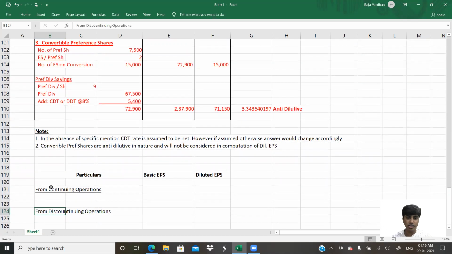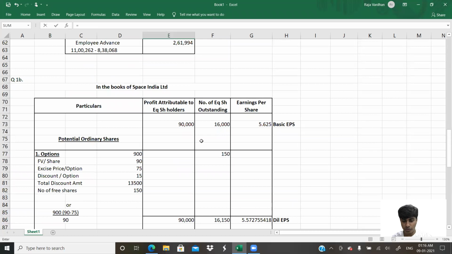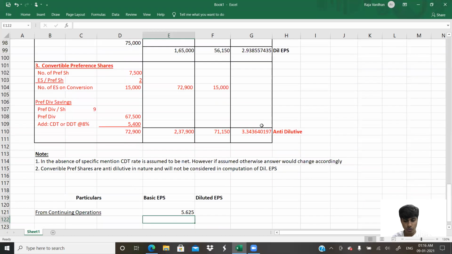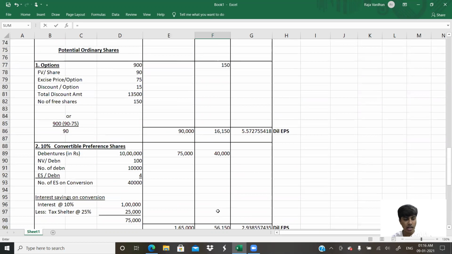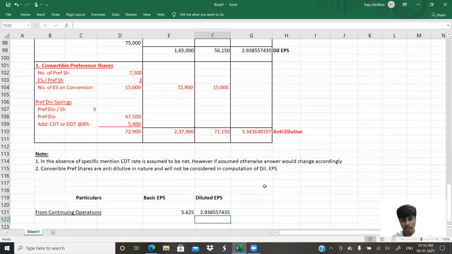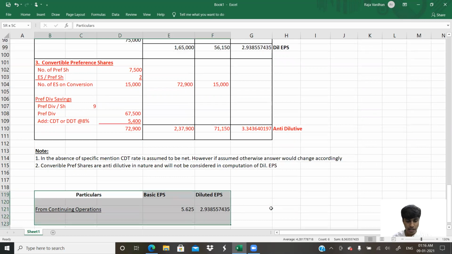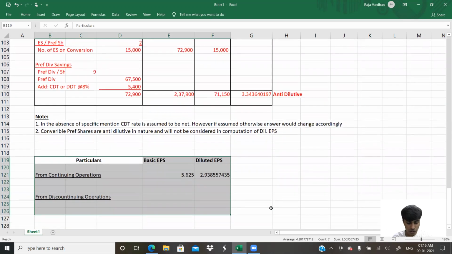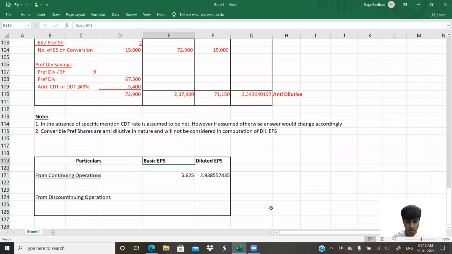Continuing operations they've given, discontinuing operations the data is not given. How much is the basic EPS? Basic EPS is 5.625 closed. That's it. How much is dilutive EPS? Dilutive EPS is only after considering our options and convertible debentures. We would not be considering this one. So 2.93. That's it. If you ask me what exactly are we supposed to disclose as a part of our statement of profit or loss, I will tell you this box that I just prepared now.